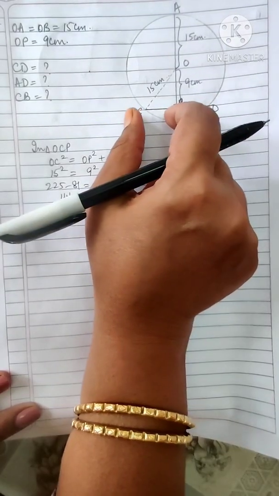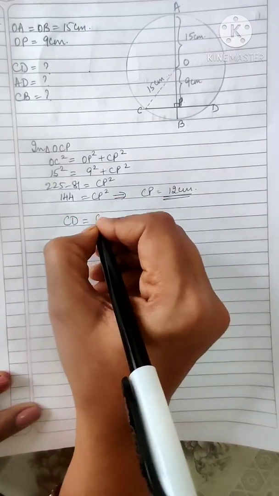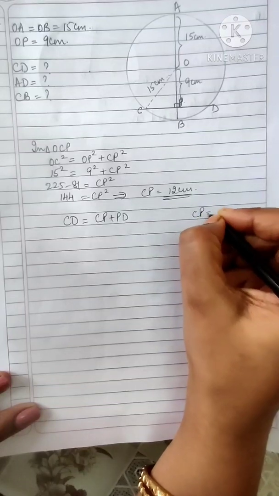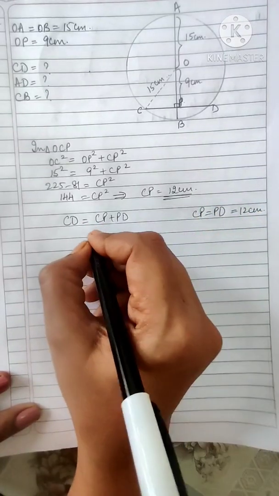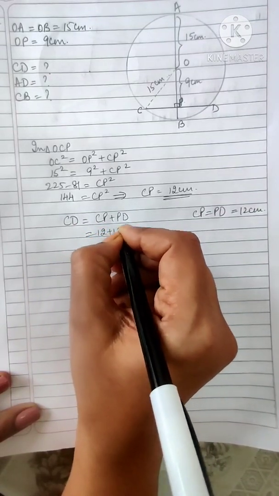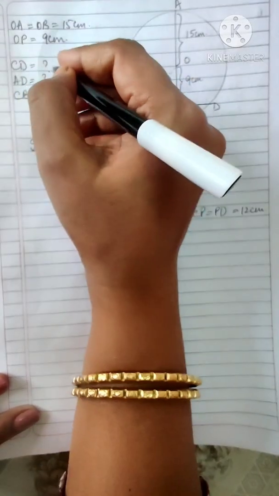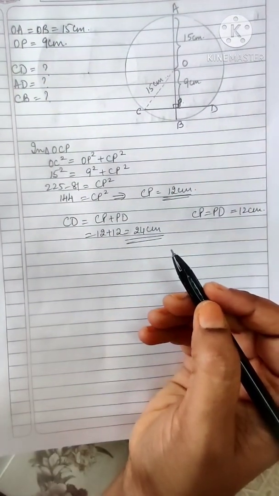So you get CP as 12 centimeter and CD will be equal to CP plus PD, and you know CP is equal to PD, which is 12 centimeter each. So 12 plus 12, which is 24 centimeter. So the first thing we have found is CD, which is equal to 24 centimeter.